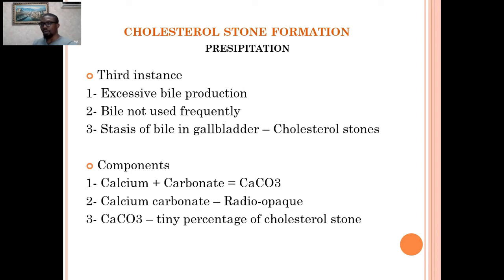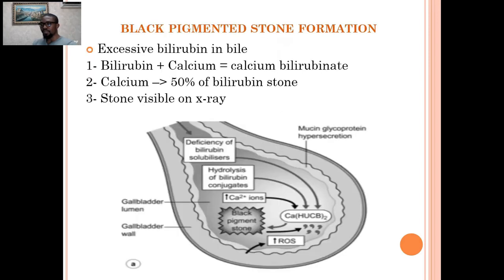Cholesterol stones are commonly mixed with other stuff, including calcium carbonate. But the stone is not visible on an X-ray because calcium carbonate makes up just a tiny proportion of the cholesterol stones.